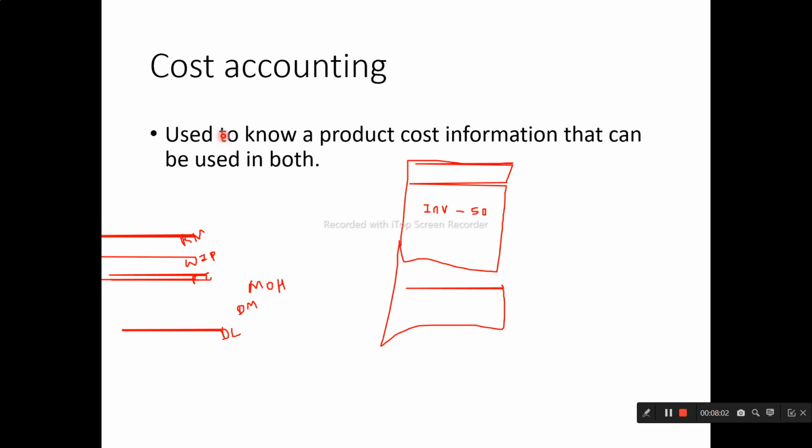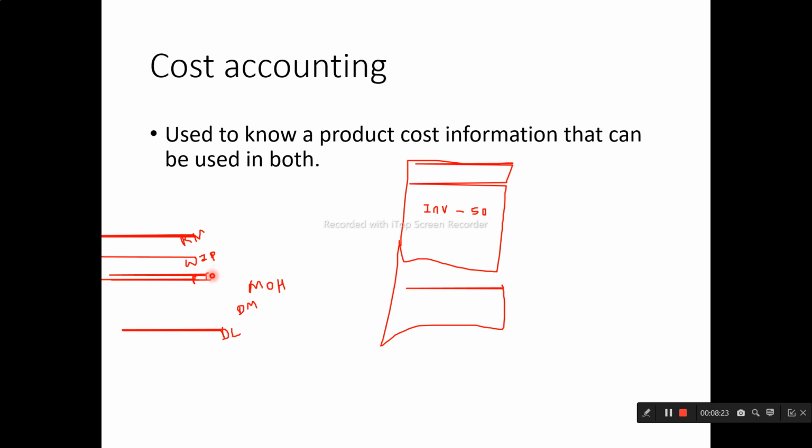So cost accounting deals with finding the cost of the product by assigning the labor spent on this product, the materials spent on this product, and the different indirect costs spent for this product.